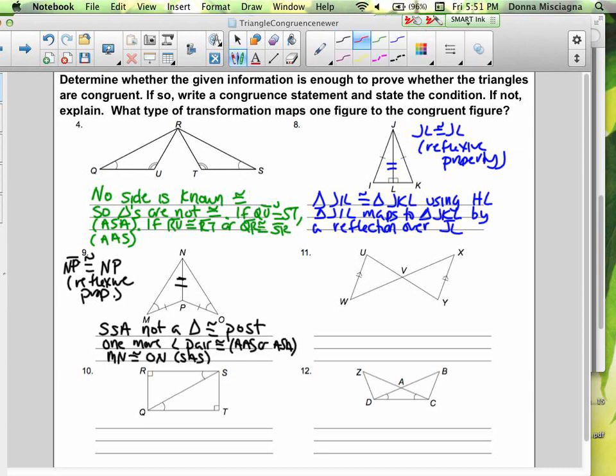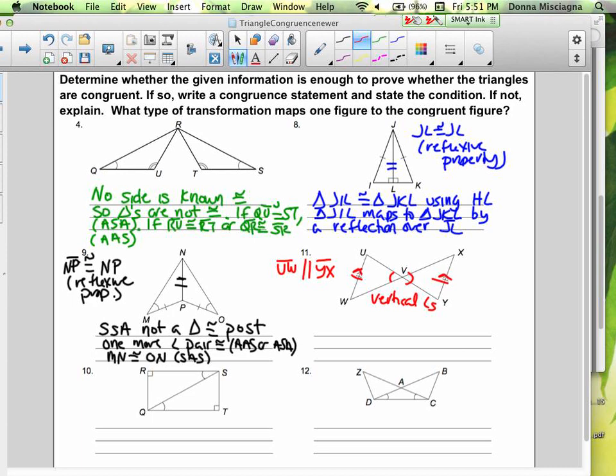Let's take a look at this one, all right? So we have a congruent side, that's good. We have the congruent angles, those are vertical angles, let's write that down. And did you notice we have these parallel line markings? UW is parallel to YX.